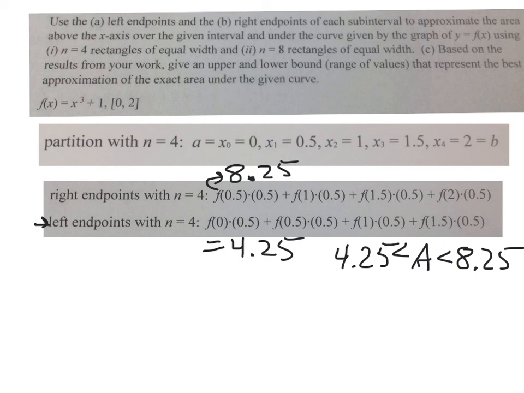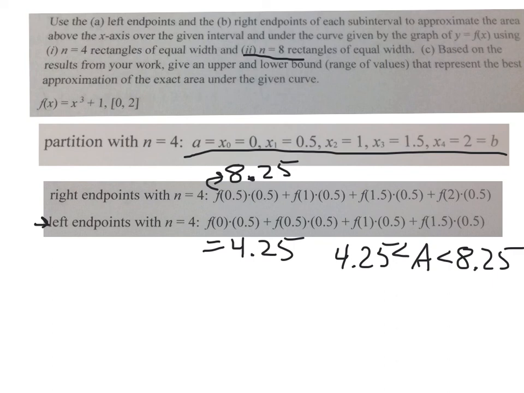And we talked about how do we get closer. One way to get closer would be, as we said, use more rectangles. So the next part of this problem would be use 8 rectangles. Our partition would be, well, instead of these 5 numbers, we would have 9 numbers.